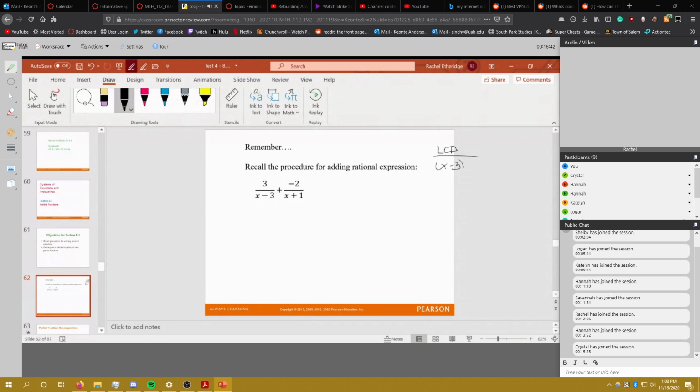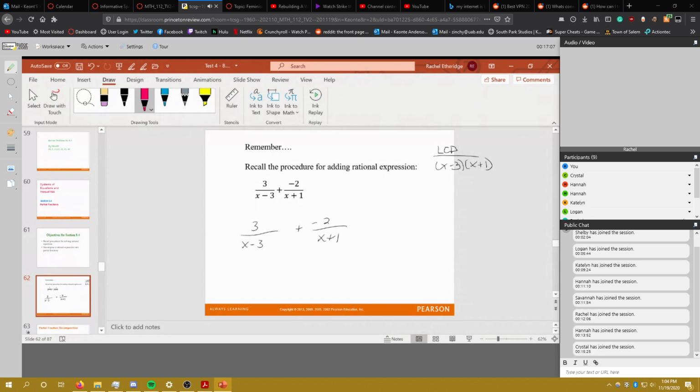We have to have the x minus 3 and the x plus 1. And so remember how we're going to get our common denominator for each side. So I'm going to leave a little room here. So we look at our common denominator over here.